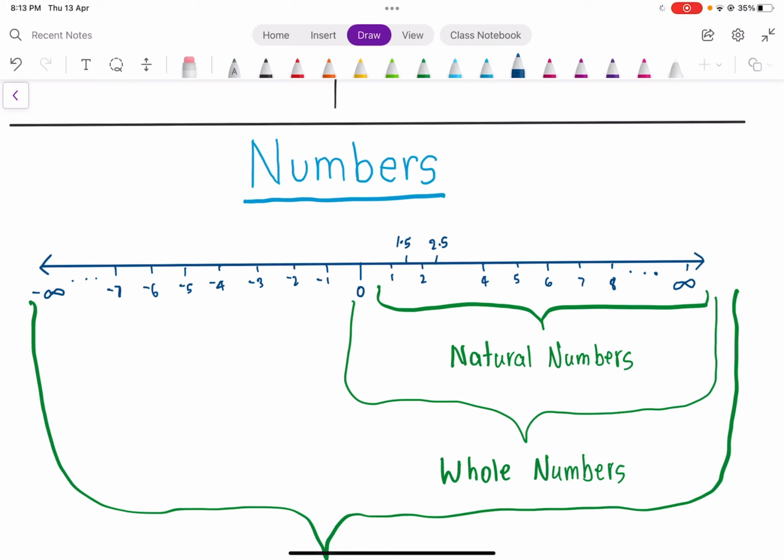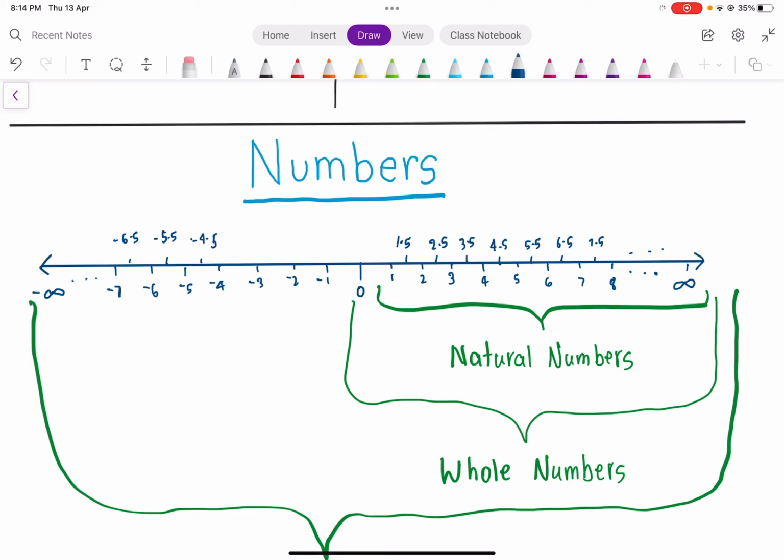I'm just going to rewrite 3 then. And then 3.5, 4.5, 5.5. Oh, this is going to take a while to write. 7.5, and then it goes on. -6.5. So yes, there are numbers in between numbers, which we call decimals or fractions, in negative integers too.